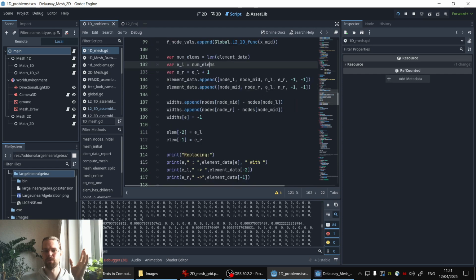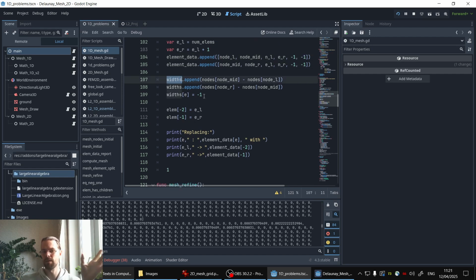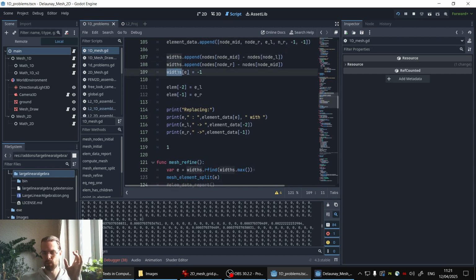That's what we basically inherit: the left node of one element, and on the right is our node that separates. We can inherit neighbors. We said that we don't have any children. We append widths. We can replace the width of the original parent with -1 if you want.